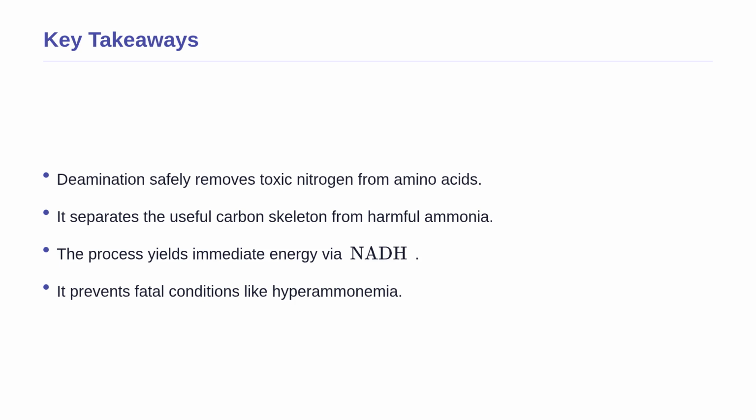Second, this process is not just about waste removal. It yields immediate energy in the form of NADH. Finally, understanding this delicate balance is key to knowing how our bodies manage high-protein diets without poisoning themselves. You now have a solid understanding of this vital biochemical process.